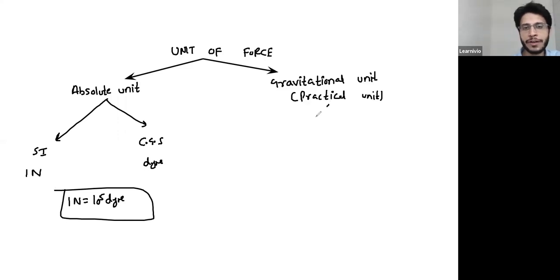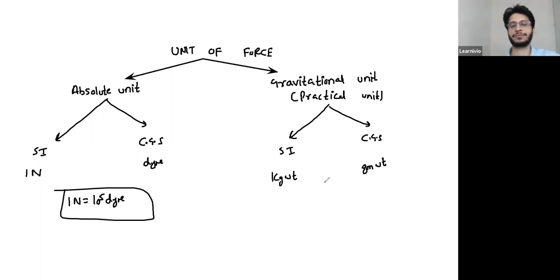When you come to the gravitational unit, again you have two types, SI and CGS. The SI is kg weight. The CGS is gram weight. That's the difference between kg weight and gram weight. 1 kg weight is 9.8 Newton.